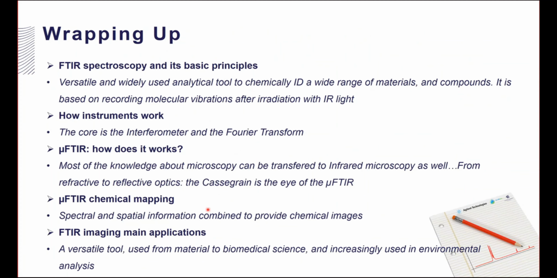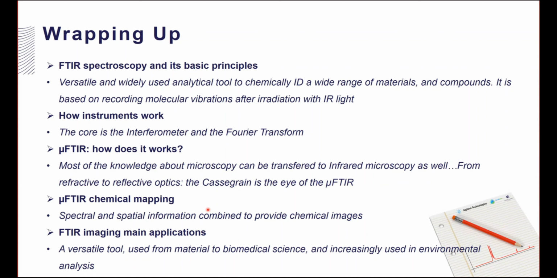So to wrap up, we discussed FTIR spectroscopy and its basic principle. We know that it's a versatile and widely used analytical tool to chemically identify many materials. And of course, if we identify materials, it's because we can identify the molecules that make up these materials.